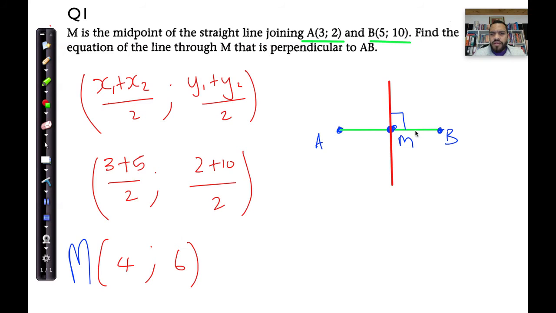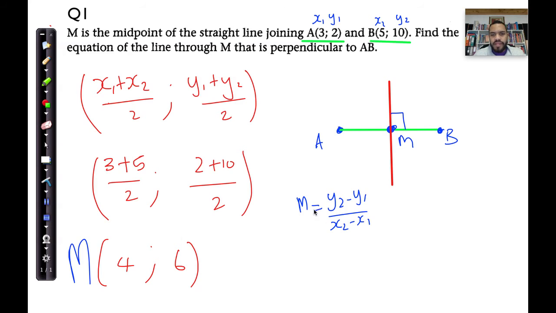So there's something about gradients. Now in the previous slides I went over what the gradient looks like, and there's a formula for the gradient. So the gradient formula is the following. It's m is equal to change in y over change in x, or y2 minus y1 over x2 minus x1. And we've already seen that we've made this x2 y2, and we've made this one x1 y1.